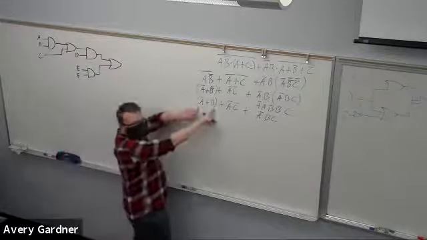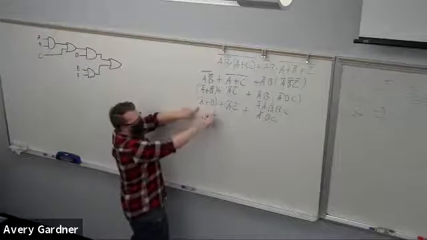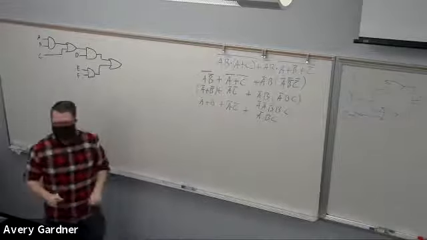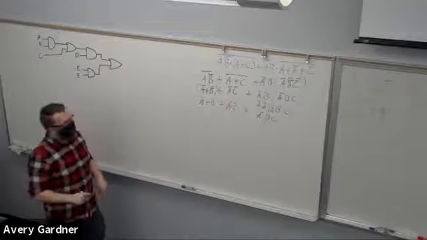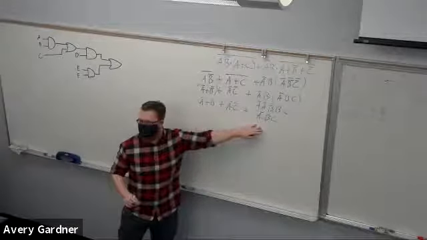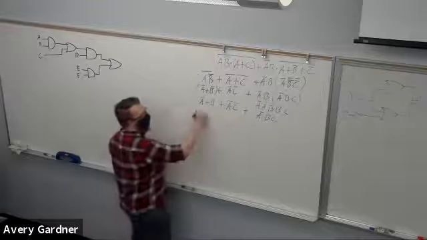These parentheses aren't really necessary, right? Because they're all pluses, so I can erase them, make them easy. We have a common term in all of these, right? We can just pull that whole A bar out.